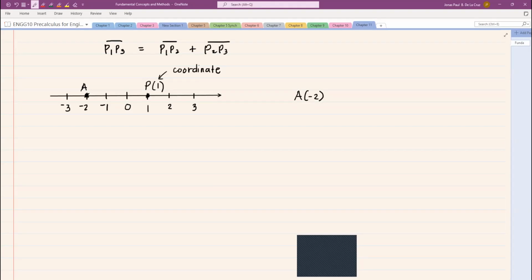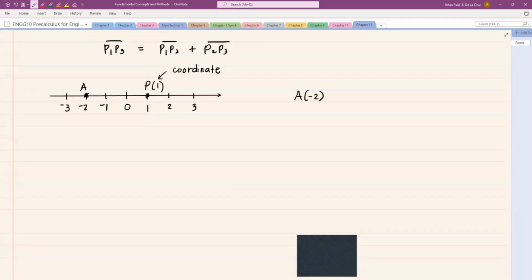So if we have 2 points, for example, P and A, the directed distance from point P1 to point P2, regardless of the relative positions, is given by: the directed distance between P1 and P2 is equal to the coordinate of the second point minus the coordinate of the first point.